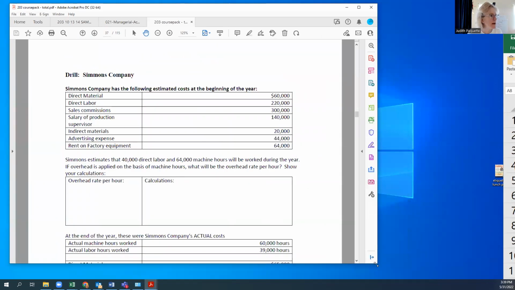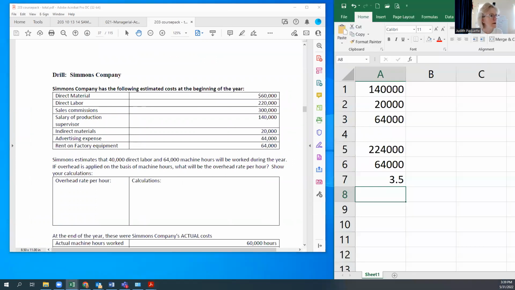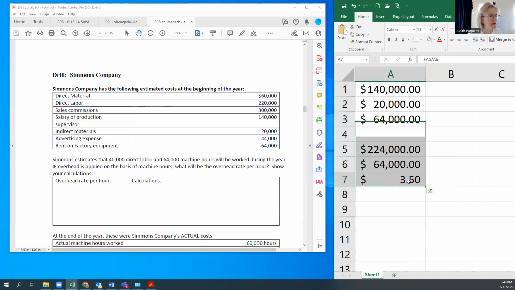Okay, here's my math. So this is the tricky part. What is included in manufacturing overhead? Direct material and direct labor are not manufacturing overhead. Sales commission has nothing to do with manufacturing.